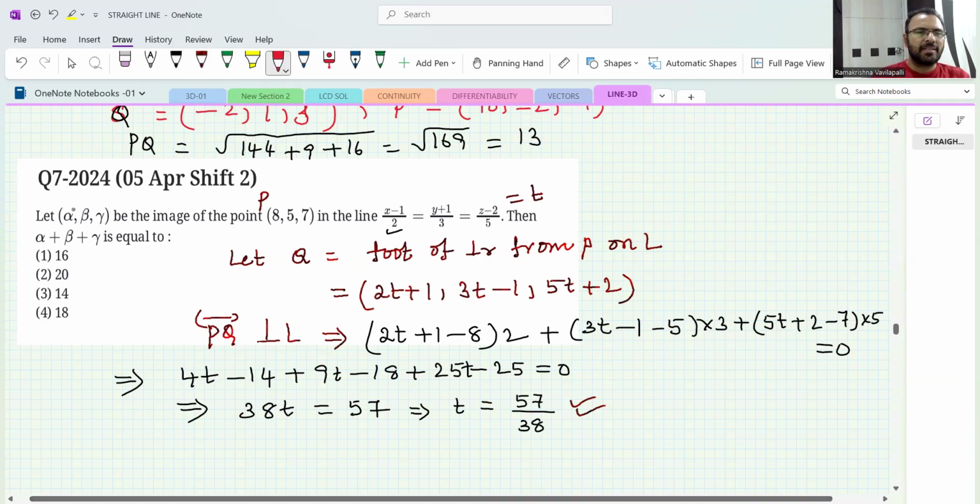Now, R is the image. Assume that this is the image. So R is the image of the point P. Now, Q is equal to P plus R by 2.